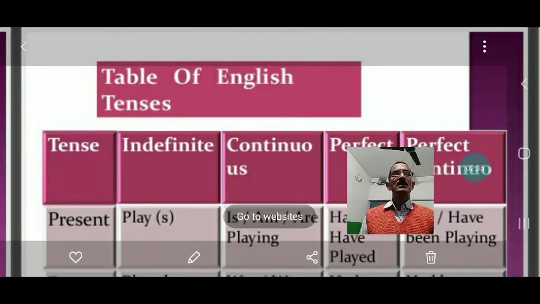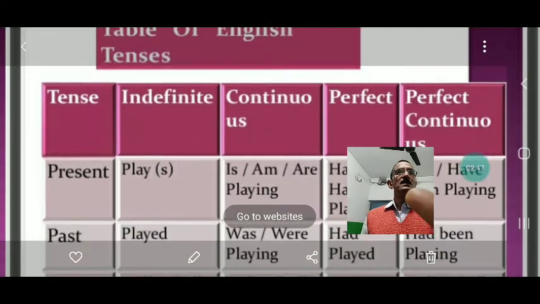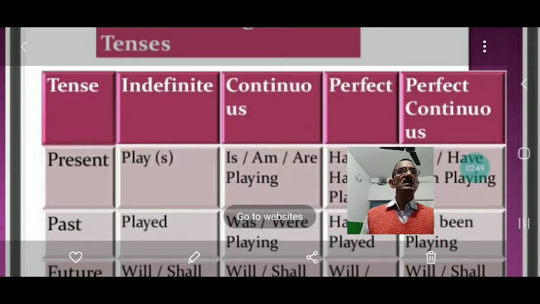Here I would like to tell you about the table of English tenses that are indefinite or simple, continuous, perfect and perfect continuous. So here there are present, past and future.